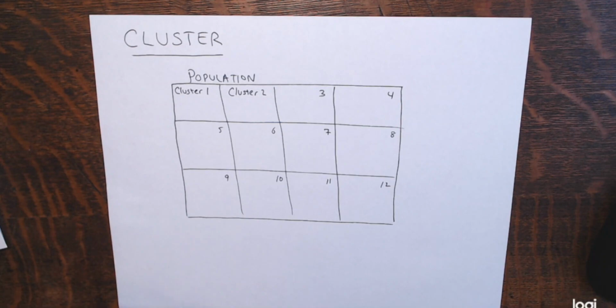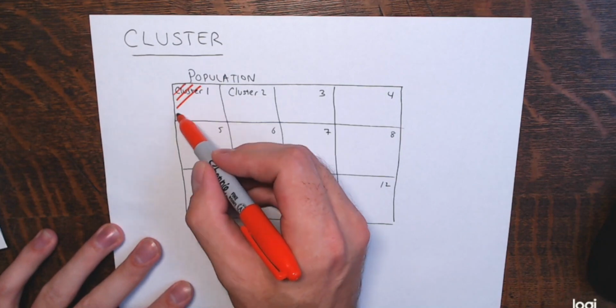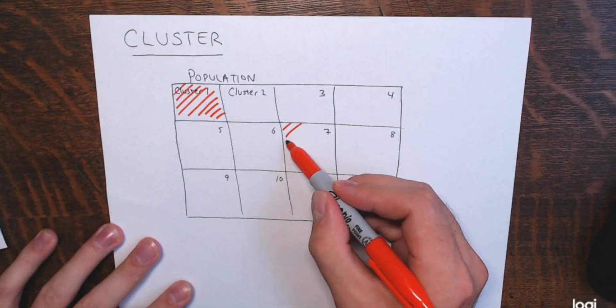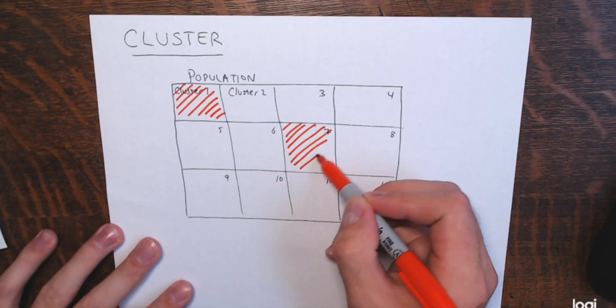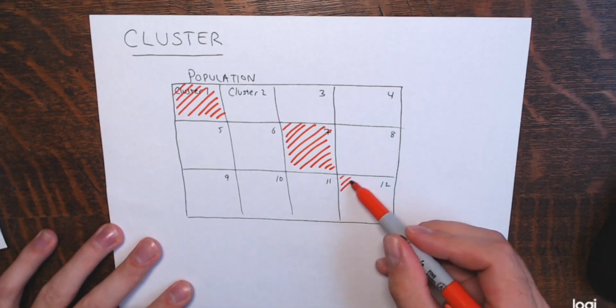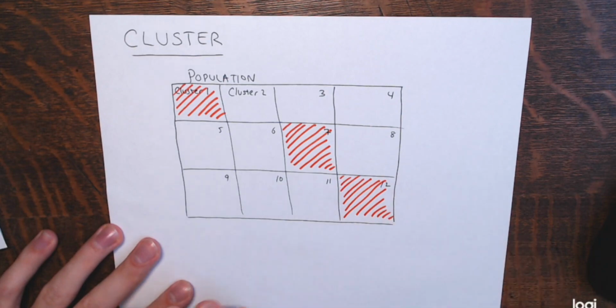And say I want a sample of 3 of these clusters, and I pull out 1, 7, and 12 at random, right? So I take everybody in cluster 1 to be in my sample, everybody in cluster 7, and everybody in cluster 12. And that's it. I leave the other clusters alone, right? So once again, the shading here represents the members who are in my sample.